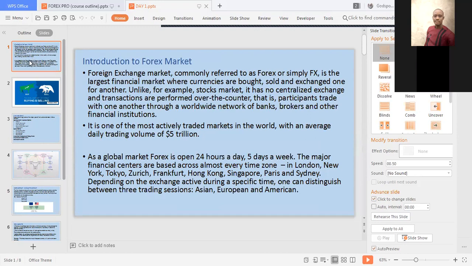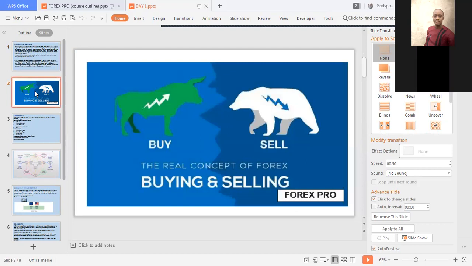Now, you must have sat down and asked yourself what exactly we do in the Forex market. In the Forex market, we either buy or we sell. That's why I always tell my students something. If you have two animals, the bull and the bear, the bull is the green animal, and the bear is the white animal.